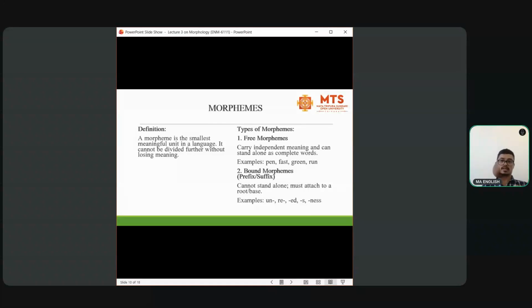And another marker, -ed, has to be attached to a verb or other base, like talked. Again, the suffix -s, like student, students.